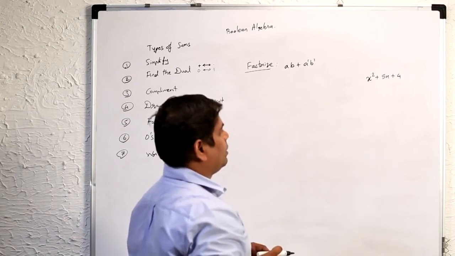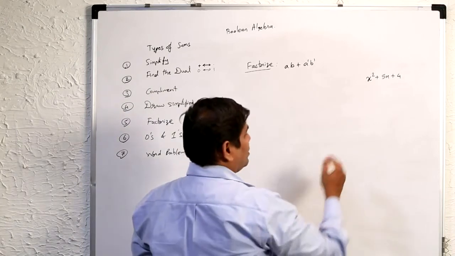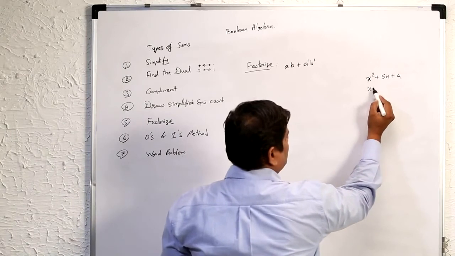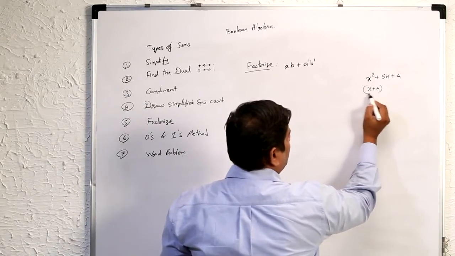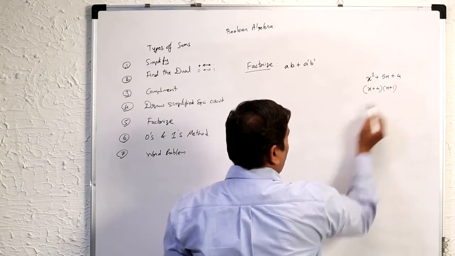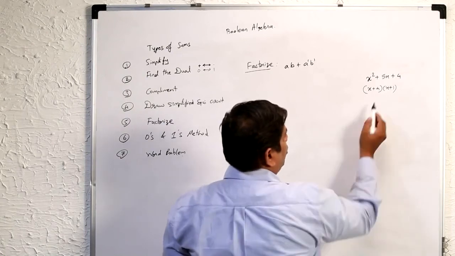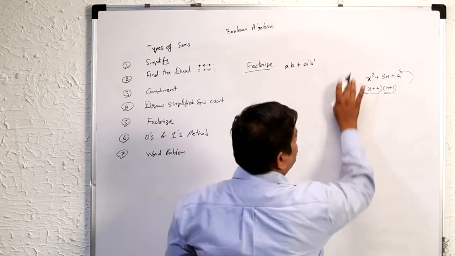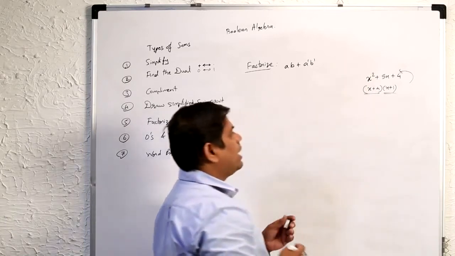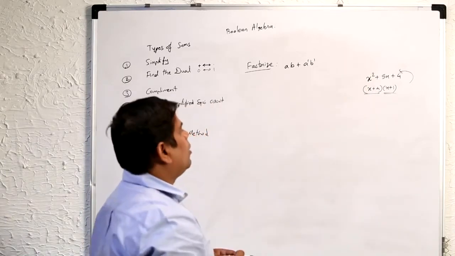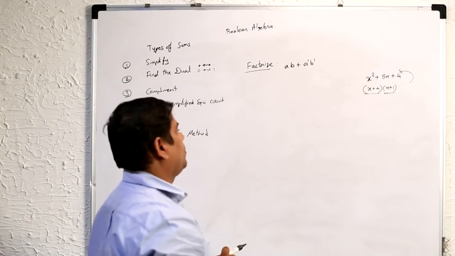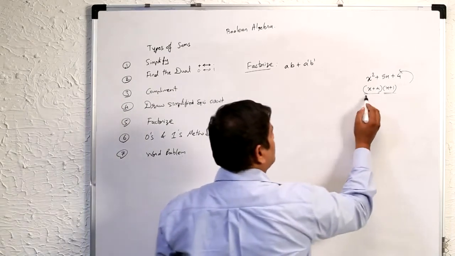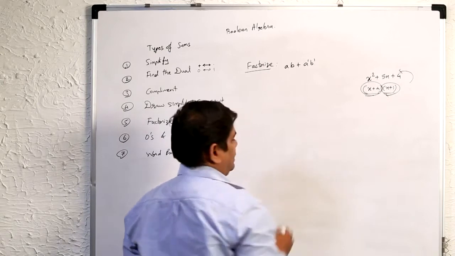If someone asks me to factorize this, then we are going to write this as x plus 4 into x plus 1. This is called the factorized form of this, and that one is called simplified. So basically it does exactly the opposite work of simplifying, where we are going to write terms in brackets.